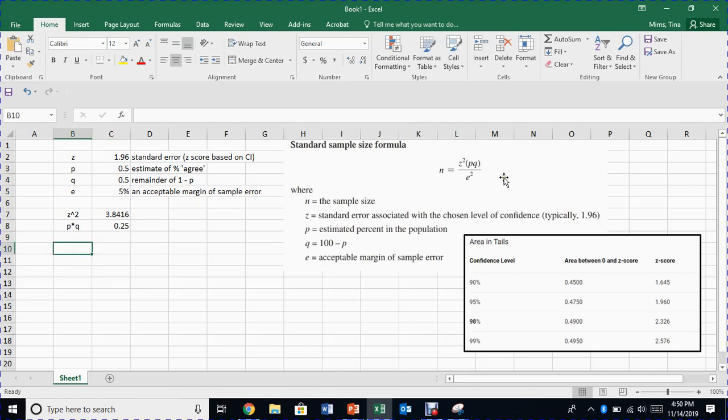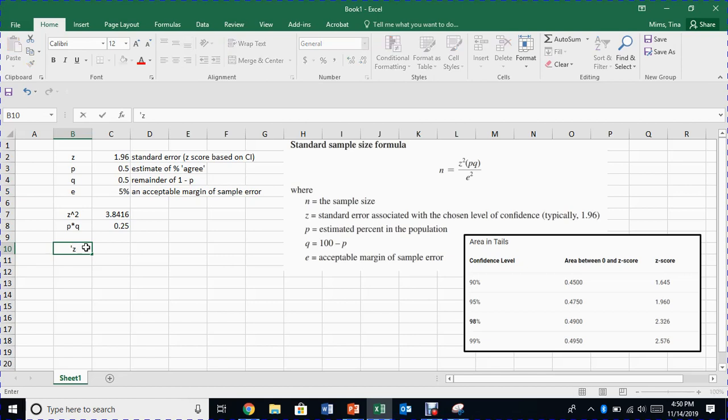All right, now let's make the product of all of this numerator right here, which is z-squared times the product of P times Q. So now I'm going to remind us what we're doing here.